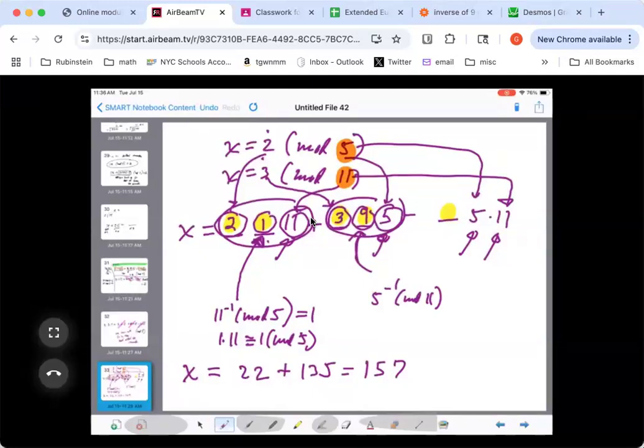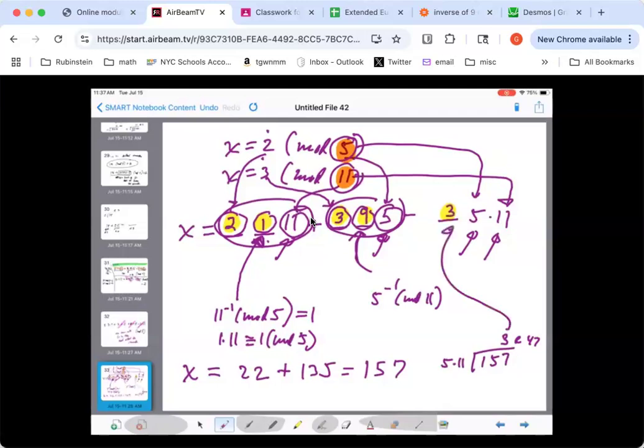So on the side, I'm going to do 157 divided by the product of 5 times 11, which is 3 remainder 47. The 3 goes here, and the remainder goes there.